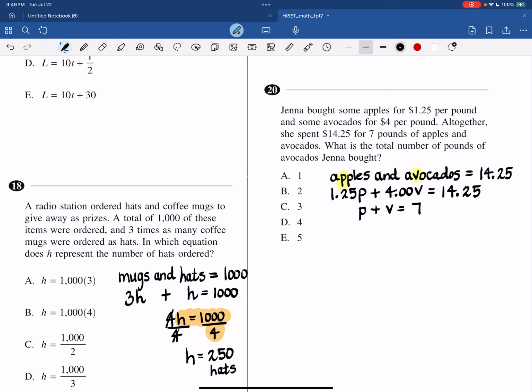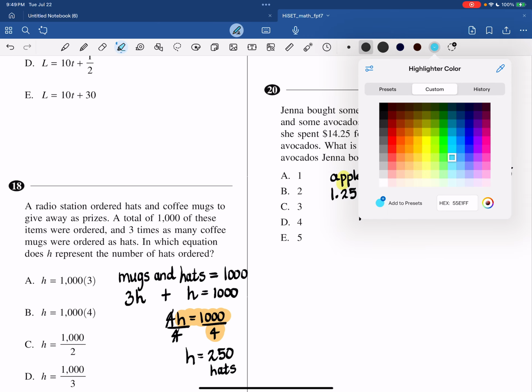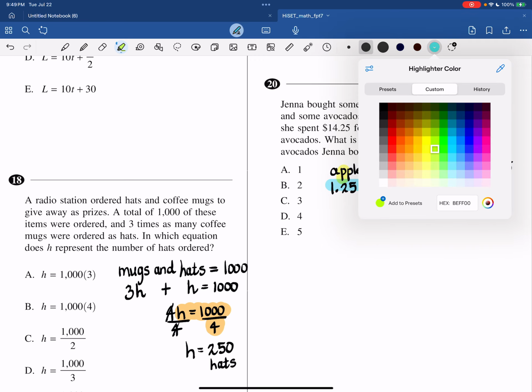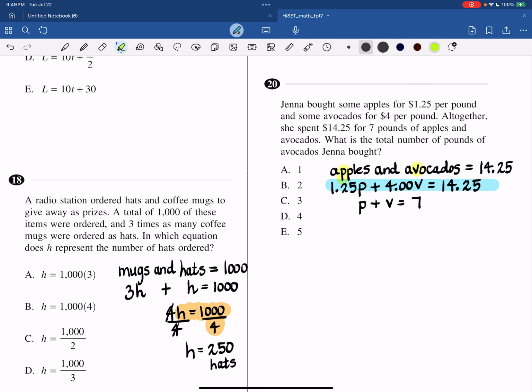So they're really giving me two pieces of information here. They're giving me the price formula, which is this one, and they're giving me the weight formula, which is this one. And I'm going to use those two formulae to solve this problem.